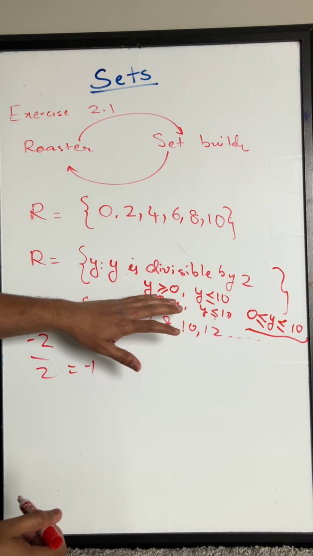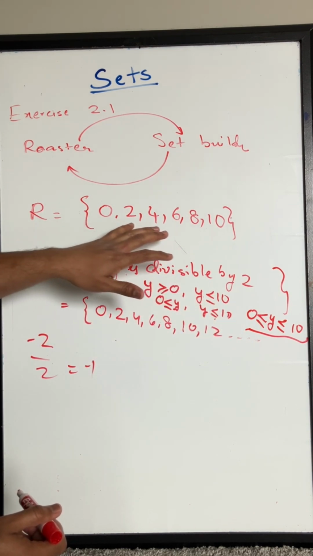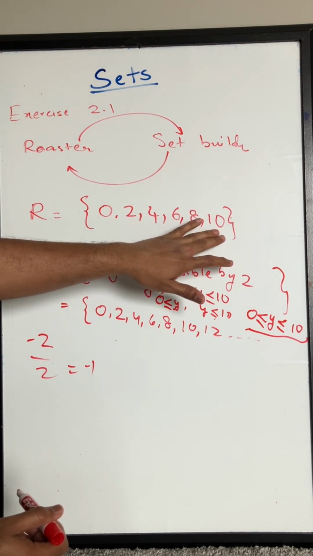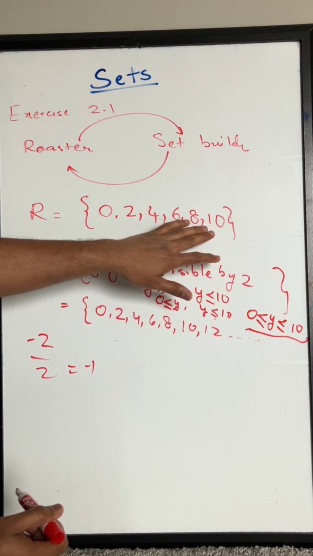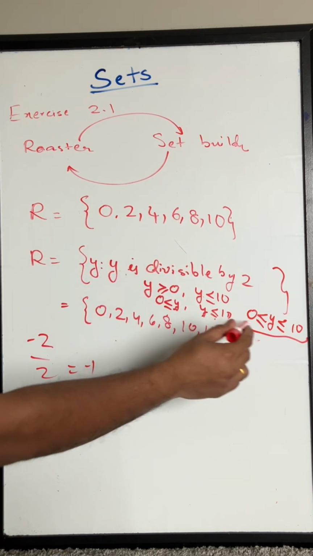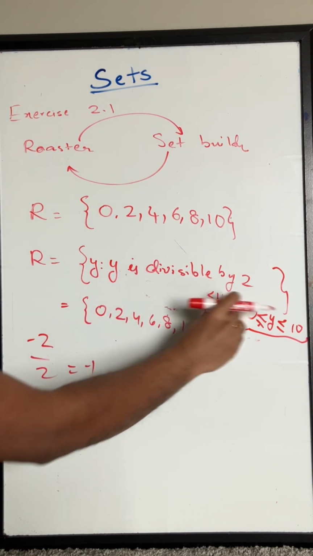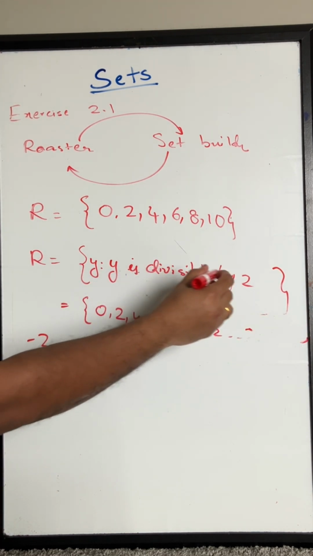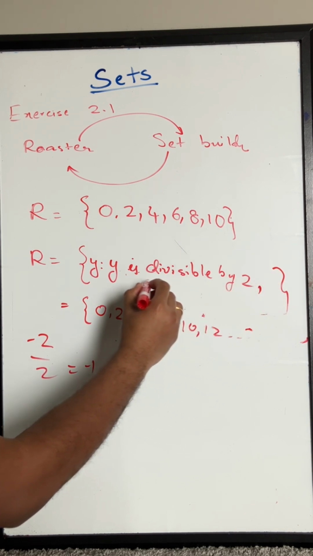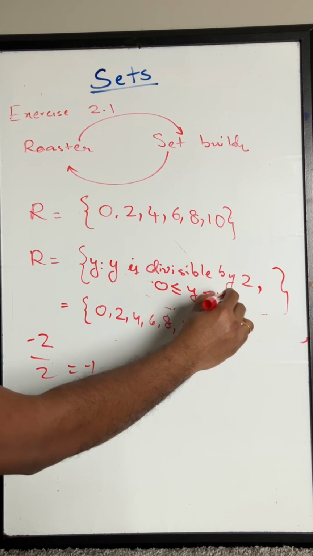What I did was mix this and this, because the value of Y is greater than or equal to 0 and at the same time Y less than or equal to 10, so 10 is the upper limit. Finally, the statement is: Y is divisible by 2 and 0 less than or equal to Y less than or equal to 10.